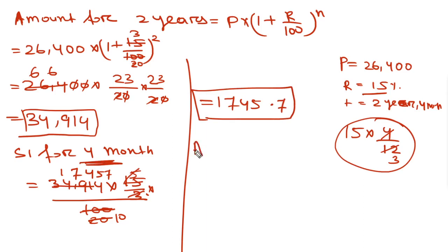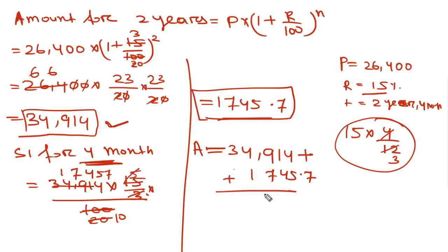Now amount A is equal to this amount for 2 years plus simple interest for 4 months. So we'll write 34,914 plus this 1745.7.